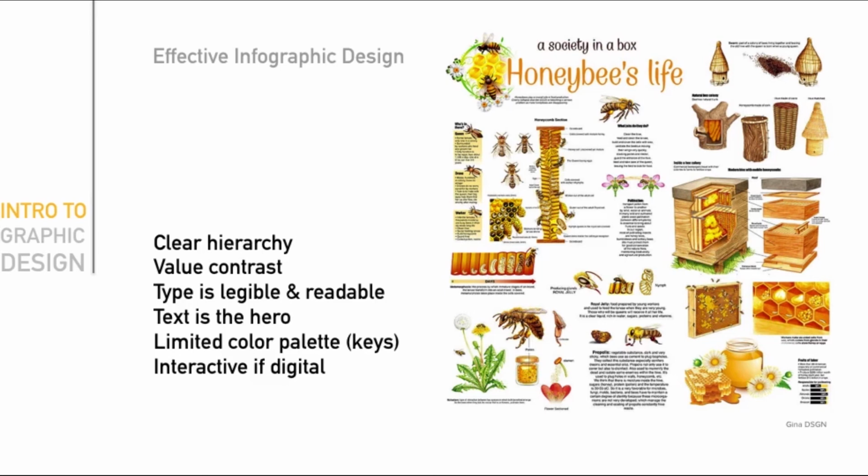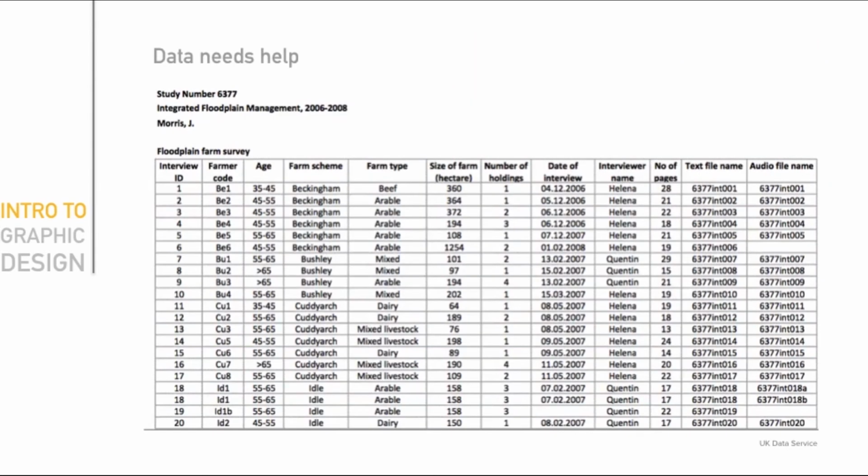It's visualized data. So in conclusion, to help people understand information, it needs to be engaging visually. It needs to be interesting visually. It needs to be clear visually. It needs to be represented accurately.